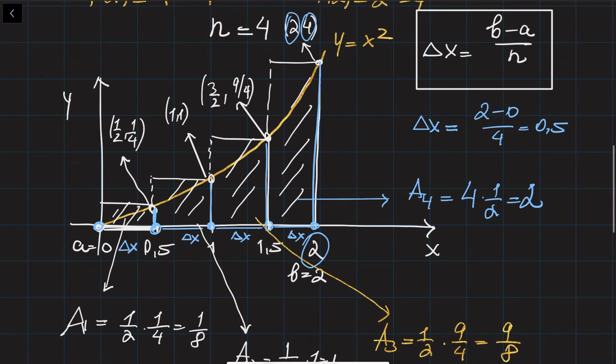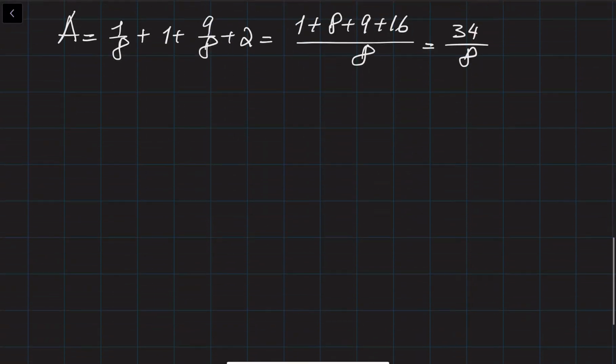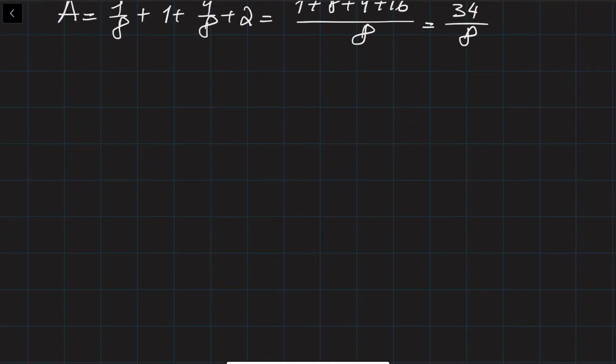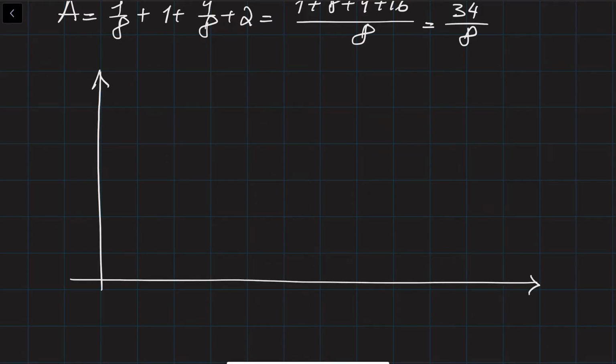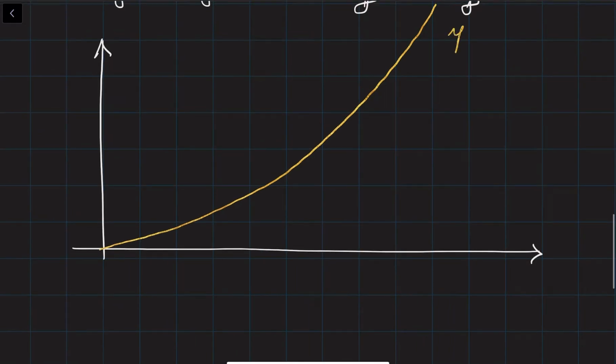So in order to improve our approximations, we just need to increase the number of rectangles again. So let's do one more iteration together. I'm going to do the same thing as we did before. So this is our curve, y is equal to x squared, or f of x is equal to x squared.